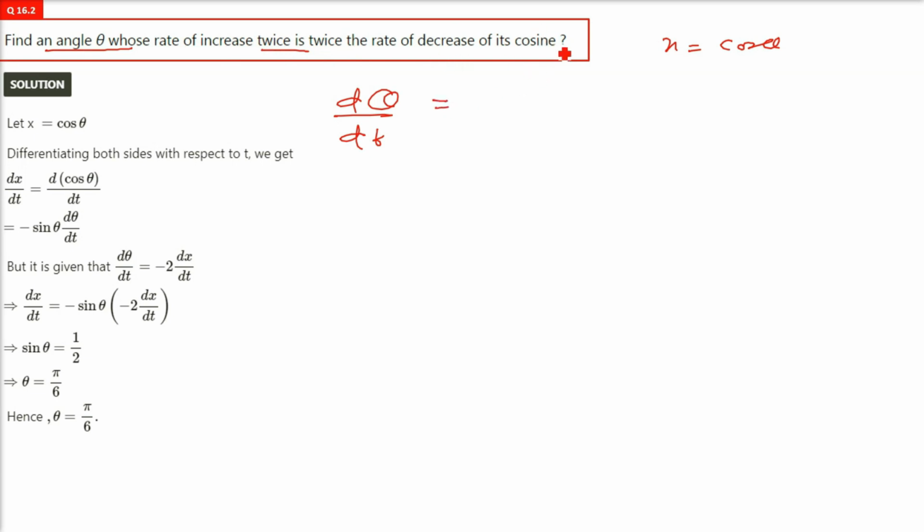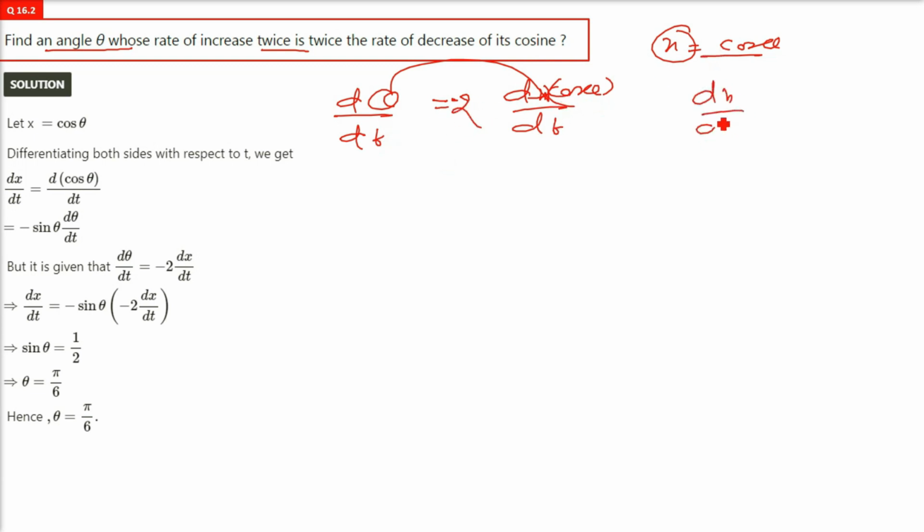So d theta by dt is negative of twice, negative because it is decreasing, and 2 because it is twice, and it is of dx by dt because x we have assumed to be cos theta. So this is the only catch here. The trick of this question is this particular expression. So x is cos theta only. So we have d theta by dt is negative 2 dx by dt.